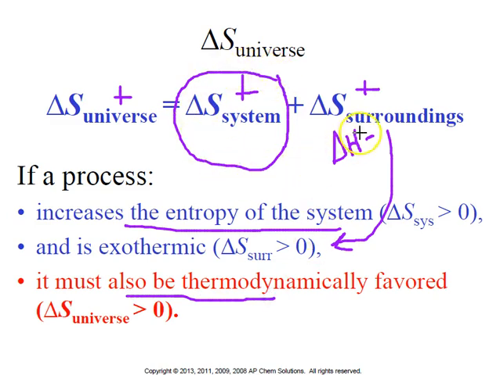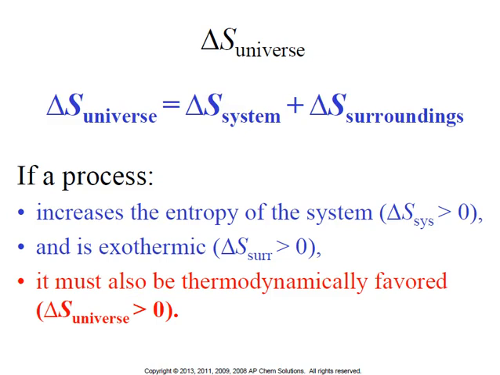So if delta S is positive and delta H is negative, that makes delta S of the surroundings positive. Then delta S of the universe will be positive, and that must be a favored process. But again, if one or the other of these is not favorable, we've got to figure out which one's higher to determine if the delta S of the universe is favored or not.